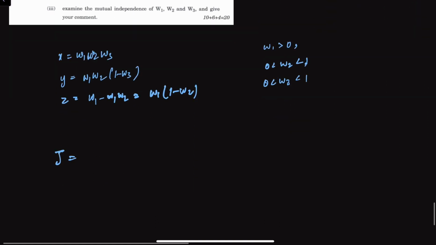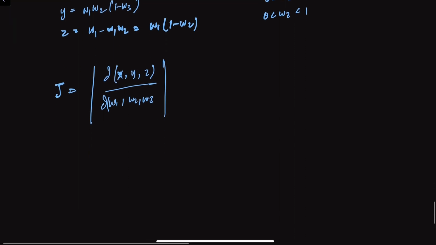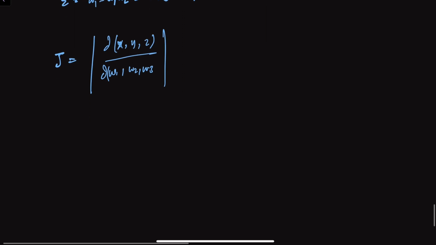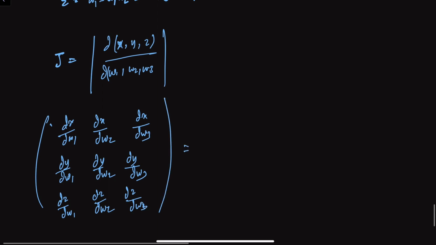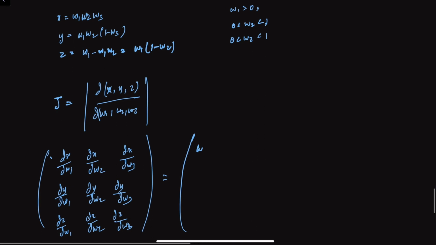If we compute the Jacobian, which is the absolute value of the determinant of the partial derivatives of (X, Y, Z) with respect to (W1, W2, W3), it gives us the matrix: dou X by dou W1, dou X by dou W2, dou X by dou W3, then the same for Y, and for Z. Differentiating X with respect to W1 is W2 W3, with respect to W2 is W1 W3, and with respect to W3 is W1 W2.